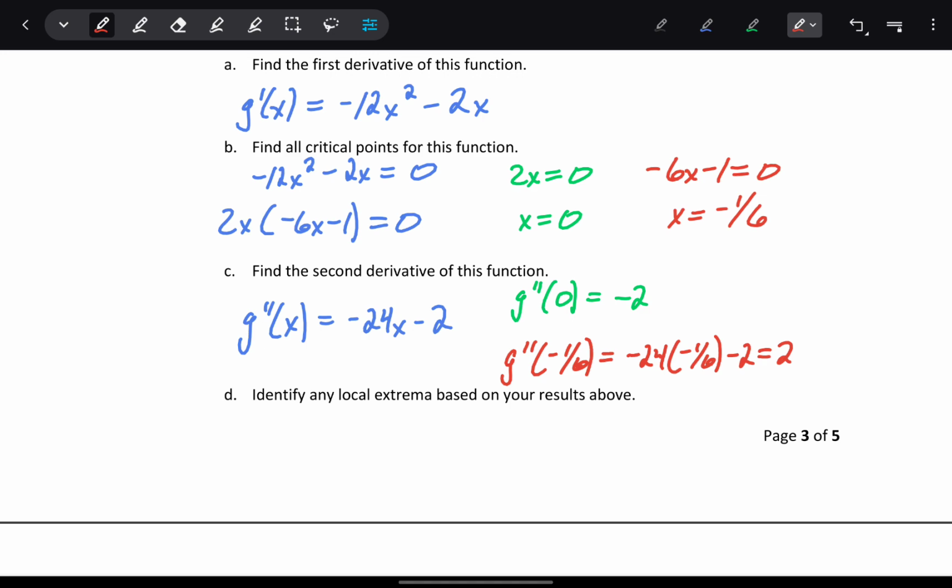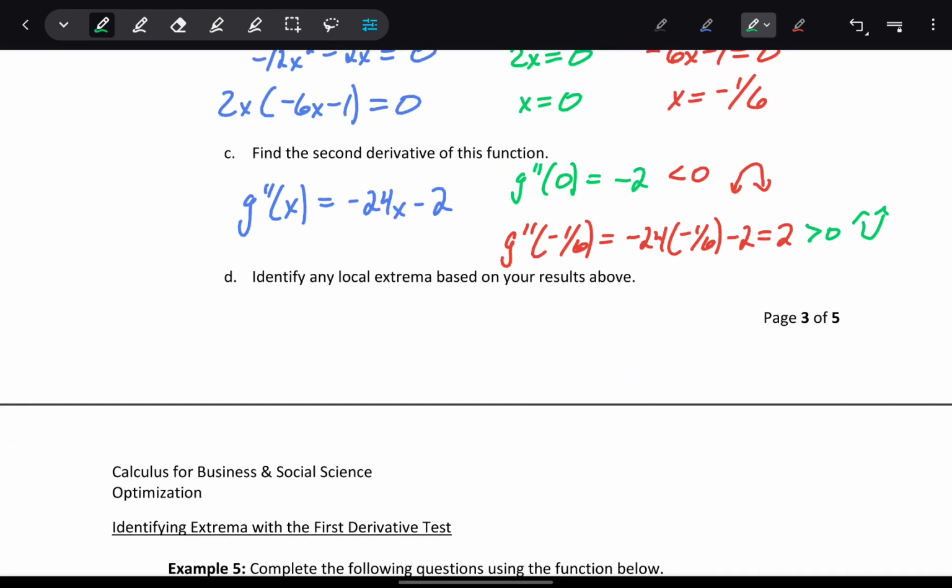For g double prime of 0, we get a result that's less than 0, meaning our function is concave down. For g double prime of negative 1/6, we get a positive result, meaning our function is concave up.